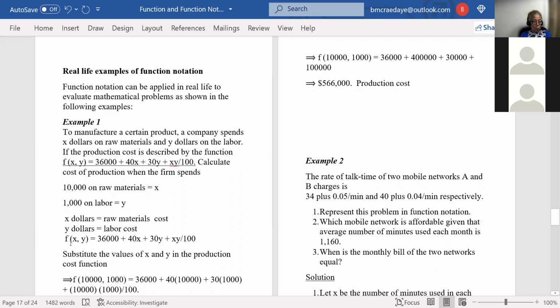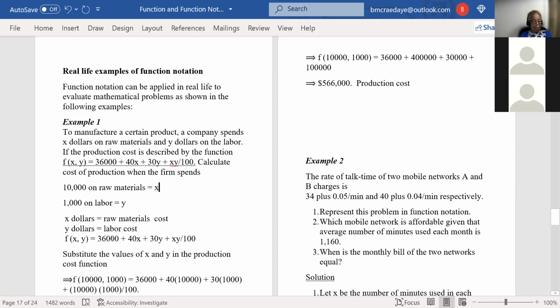So we put this equation right here. That's the one they gave us, right? They told you the X dollars was on raw materials, the Y dollars on the labor. The 10,000 is spent on the raw materials and the 1,000 is spent on labor.